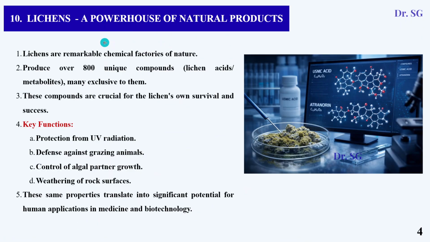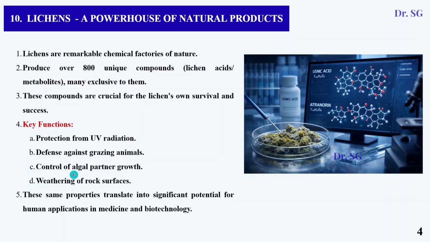And lichens act as a powerhouse of natural products. Like I said in the previous lecture, usnic acid and atranorin. So these lichens possess remarkable chemicals in them. As I said earlier, 800 unique compounds are present, and they protect lichens from UV radiation and also protect them from grazing animals.